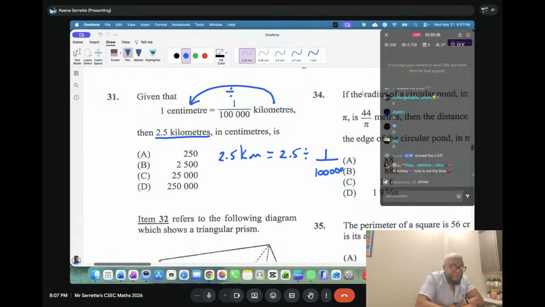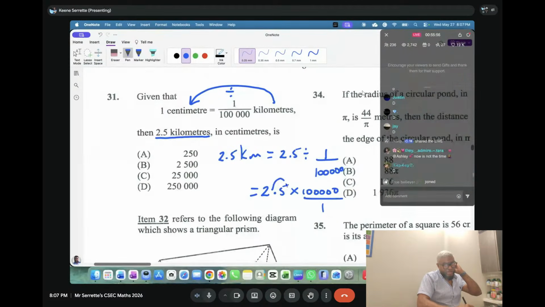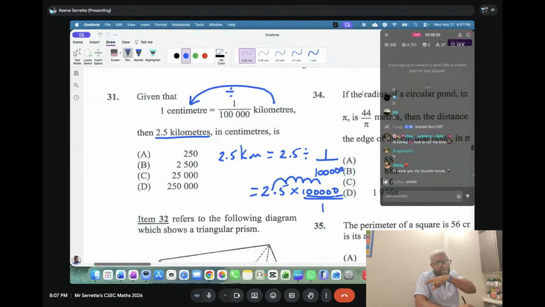If I divide by 1 over 100,000, what do I have to do? Over 1. So you're moving your point 5 spaces to the right: 1, 2, 3, 4, 5 zeros. 250,000.